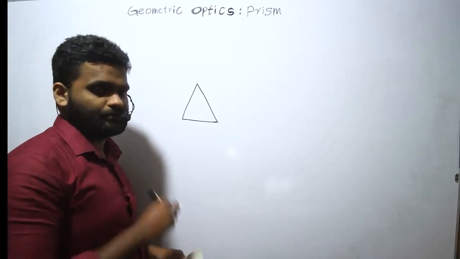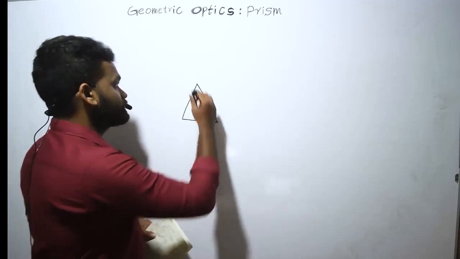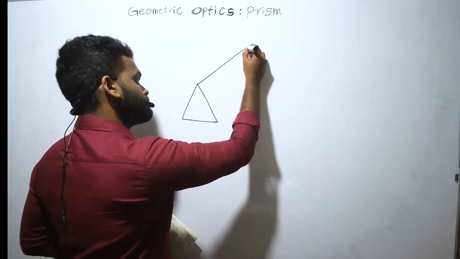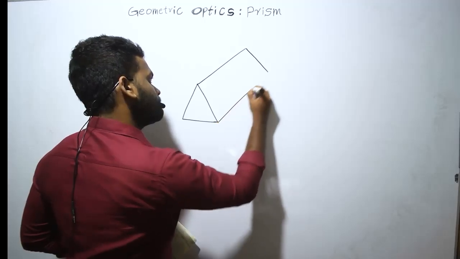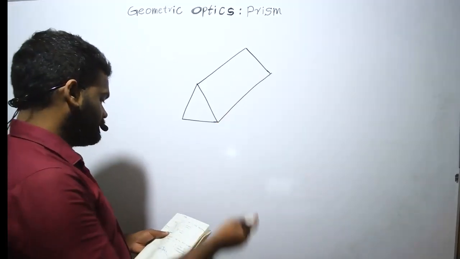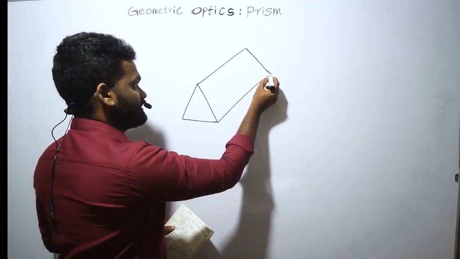You can draw it with me. One triangle like this. Then the another triangle behind it, right? So what is behind, I'll draw that in dashed lines.